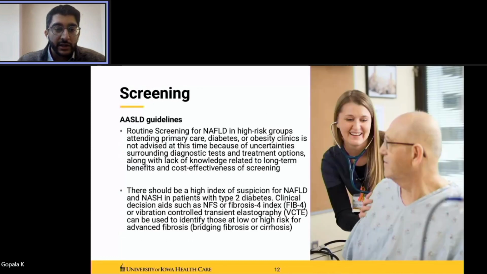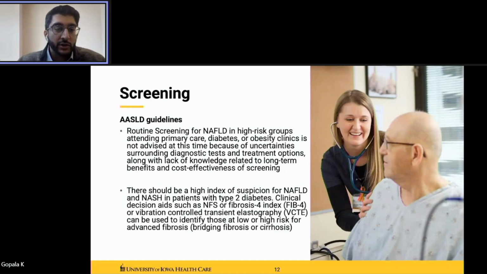So what are the AASLD guidelines? AASLD is the American Association for the Study of Liver Disease. And they have guidelines for most liver diseases, and it's readily accessible for free on their website. So if there's ever any questions on what you should do, you can always look it up.